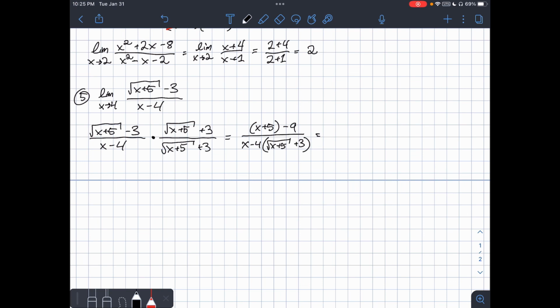And it's going to yield, again, this is going to be x minus 4. So these will cancel out. 1 over root x plus 5 plus 3.